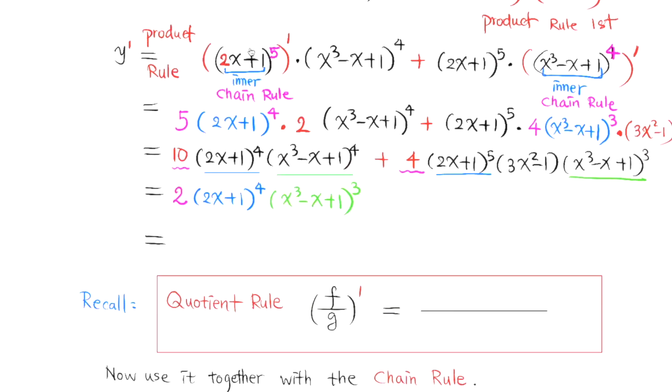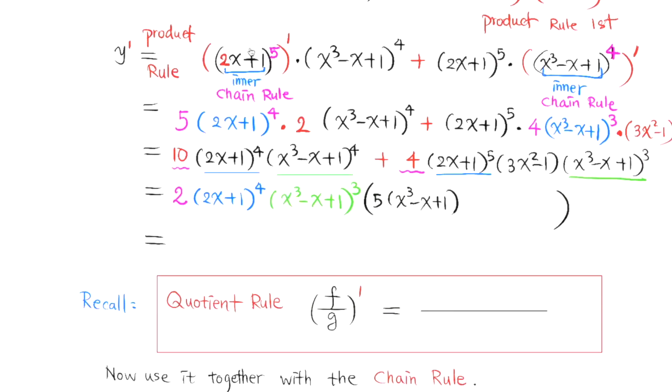Now after that, we use the parentheses over here. Let's think about what's left after I take out this common factor. For this one, if I take out 2, I'm left with 5. If I take out this to the 4 power, it's this one. And for this one, taking out this to the 3rd power, I'm left with one more factor, x cubed minus x plus 1.